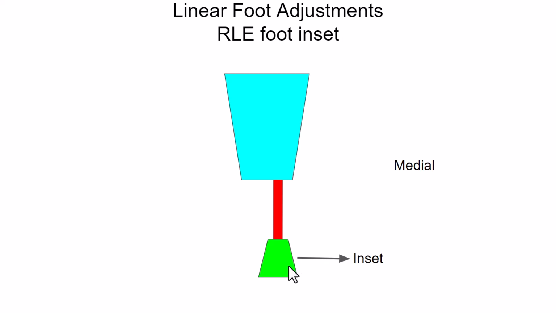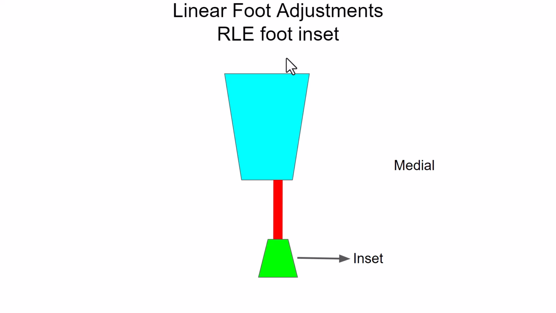And you can imagine if this were the right lower extremity, the change that would happen with the ground reaction force in mid-stance is that the ground reaction force is going to be more medial to the knee, and that's going to mimic normal gait.